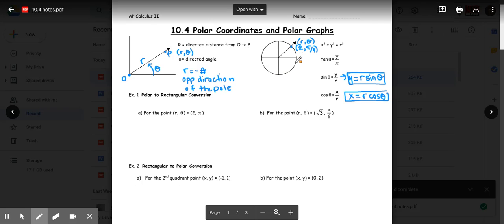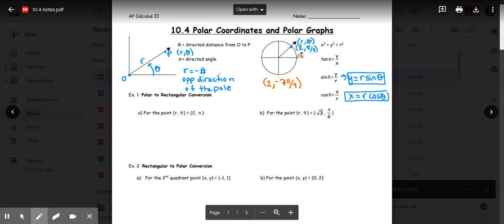If we go backwards, this is going to be -7 pi over 4, and it still would be a directed distance of +2 because it's going in that positive direction from the pole. So one of the ways that we can represent this point is 2 comma -7 pi over 4. If we're going this way, the directed distance is 2.